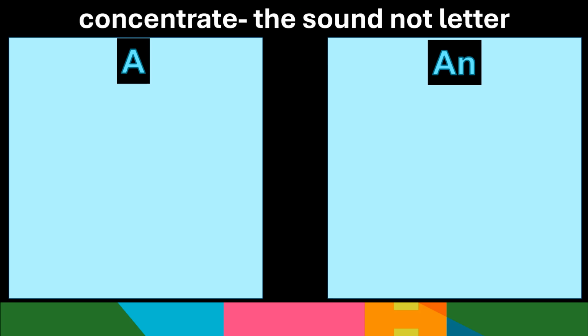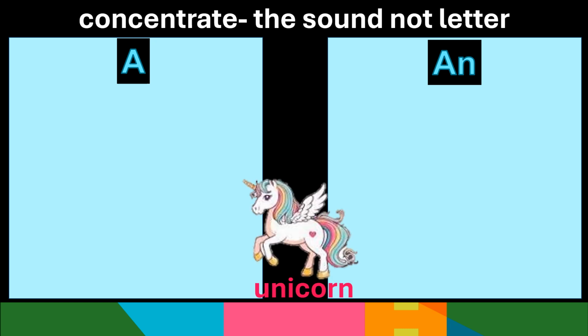While adding article a or an, we have to concentrate on the sound, not the letter, the sound from which the word is starting, not from the letter. Look at this example, unicorn. The word unicorn starts with letter U. It is a vowel, but its pronunciation starts with Y, Y unicorn, which is not a vowel sound.